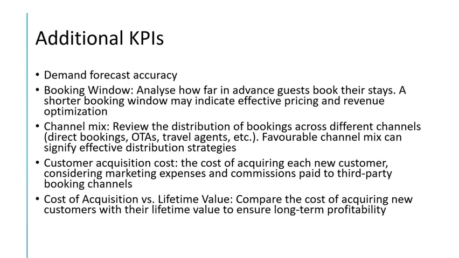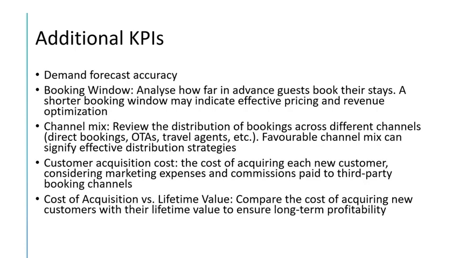Then another prospective KPI is channel mix. So review the distribution of bookings across different channels: direct bookings, various OTAs that you work with, travel agents, etc. Right? So this is also definitely part of ongoing business analysis. You have to study your channel mix.